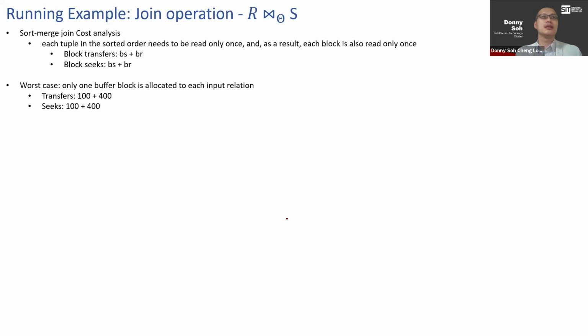Okay, in the sort merge join cost analysis, each tuple is only read one time, so the block transfers will be the number of blocks in my tables, and the same for the number of disk accesses.